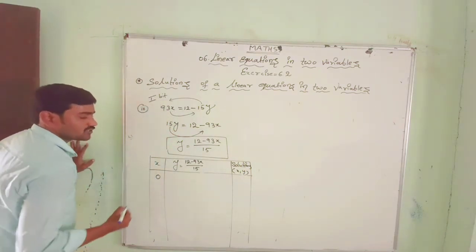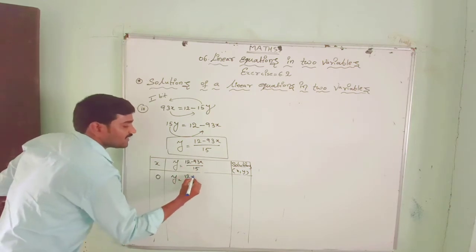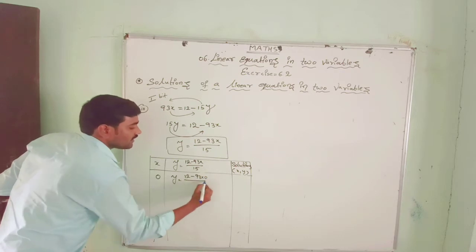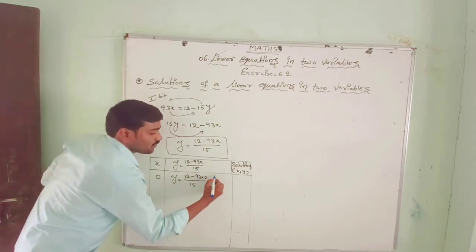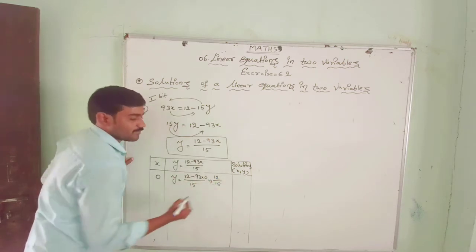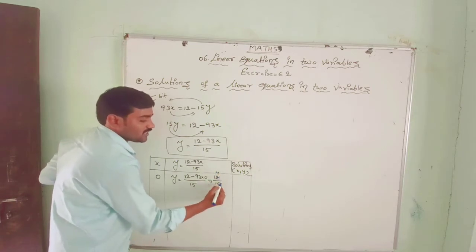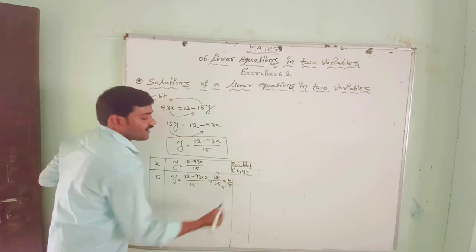Here x equal to, suppose, 0. What happens? See, y equal to 12 minus 93 into 0 by 15. 93 into 0 will be 0, so 12 by 15 will be left, because this term completely will be 0. Then you cancel: 3 4s are 12, 3 5s are 15. That gives 4 by 5.